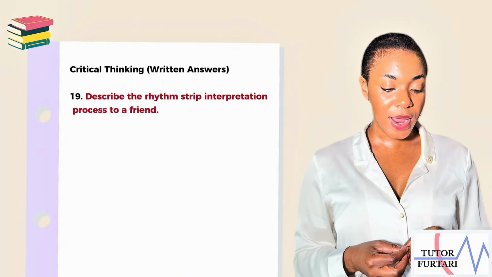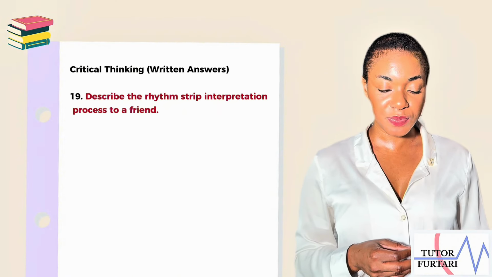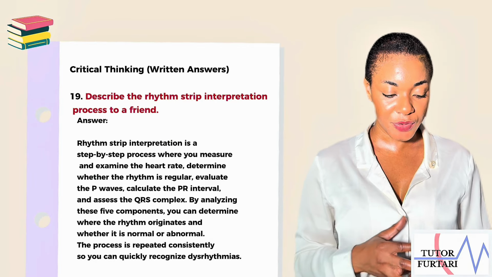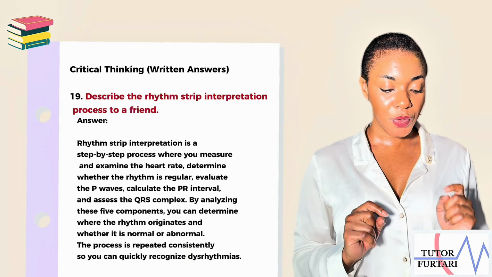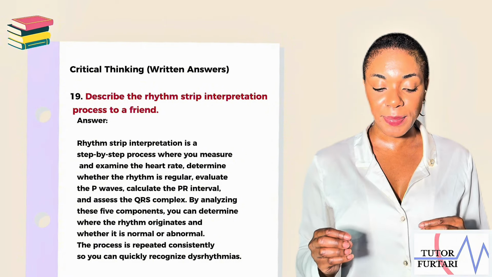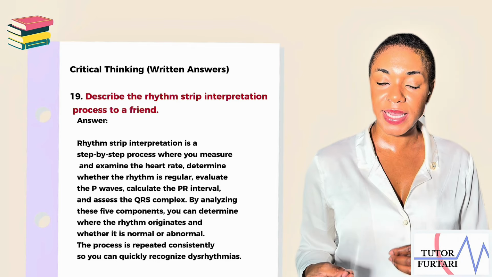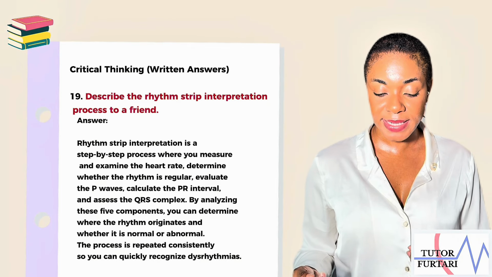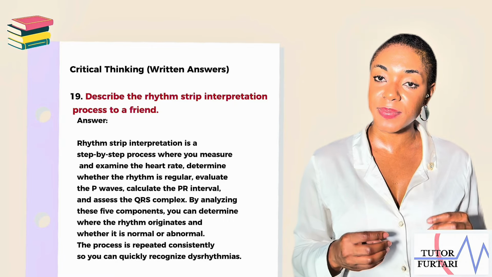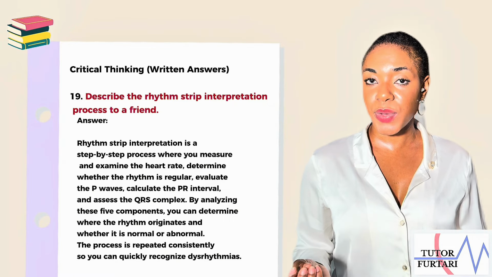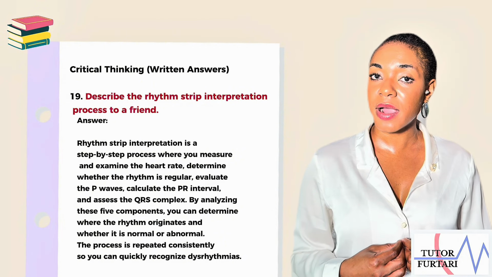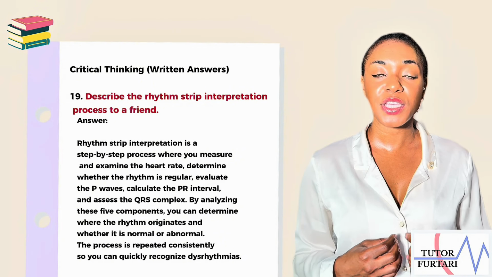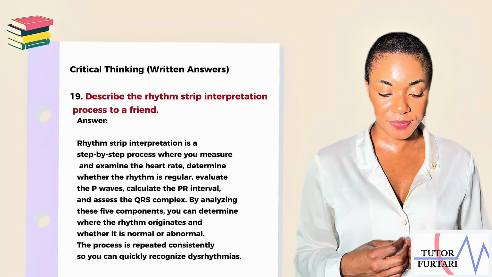19. Describe the rhythm strip interpretation process to a friend. How do you describe it to a friend? I'm just going to read it from how I wrote it here. Rhythm strip interpretation is a step-by-step process where you measure and examine the heart rate, determine whether the rhythm is regular, evaluate the P wave morphology, evaluate the PRI, and also evaluate the QRS morphology.